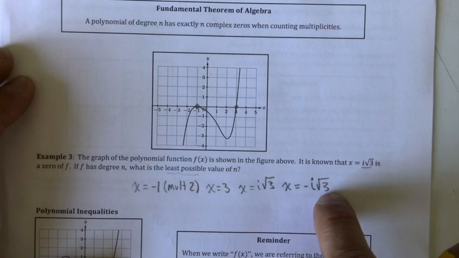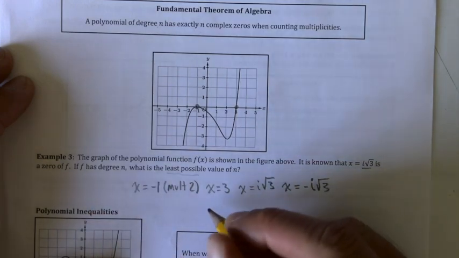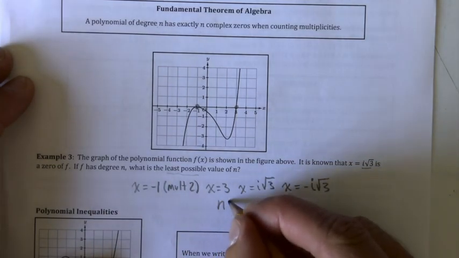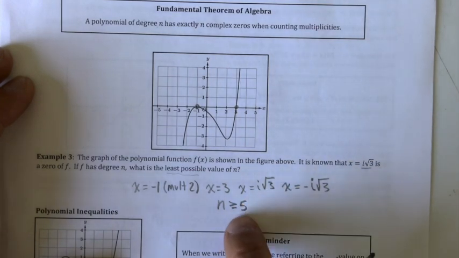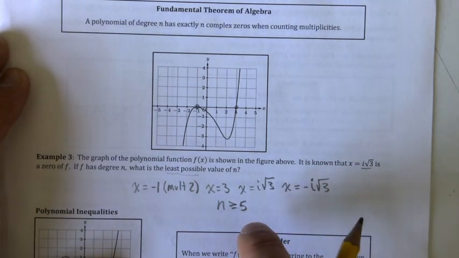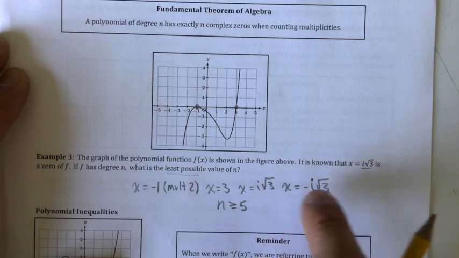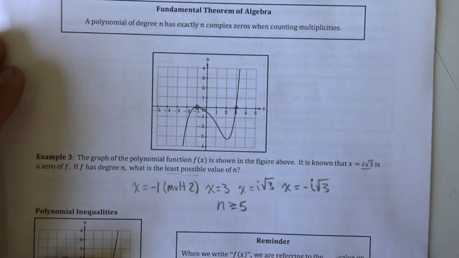So I know 2 roots are not visible, 3 happened once, and this -1 happened at least twice. So the minimum number, the lowest degree possible, would be that n has to be greater than or equal to 5. There could be more than 5 zeros, but I know there's at a minimum 5 zeros because of the conjugate and its pair, as well as the multiplicity I can see.